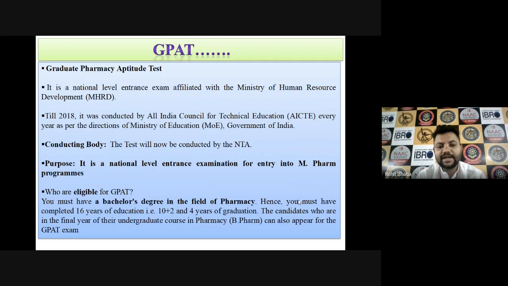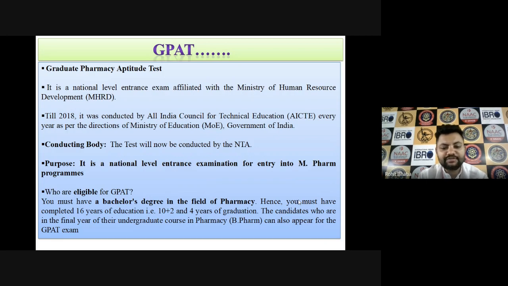But nowadays, this test is being conducted by the National Testing Agency, NTA. The purpose of the GPAT examination is entry into MPharm programs. So students are benefited financially. They are provided with a scholarship if they qualify GPAT and pursue MPharm.